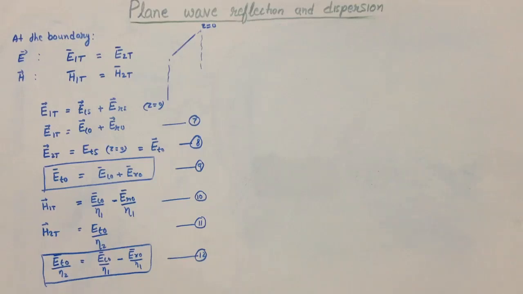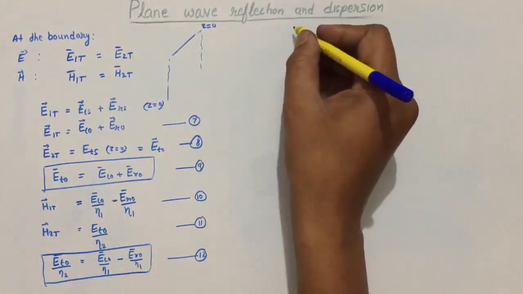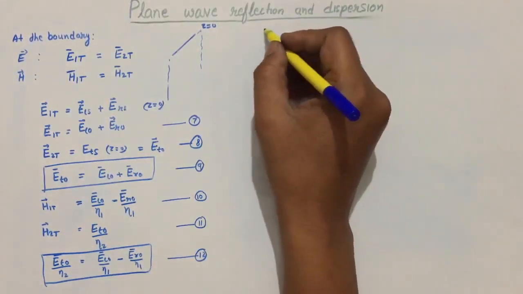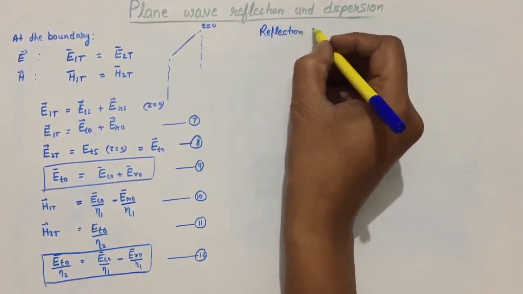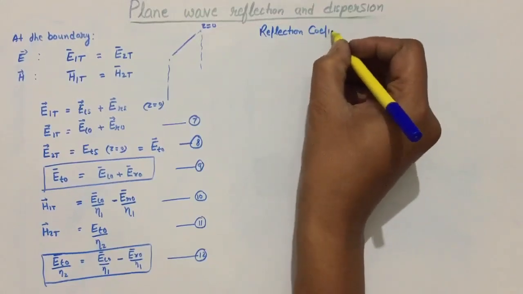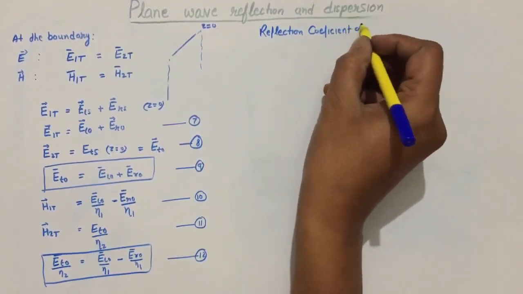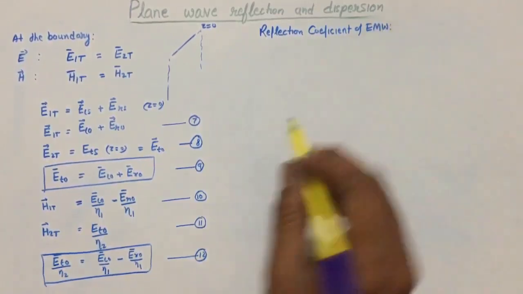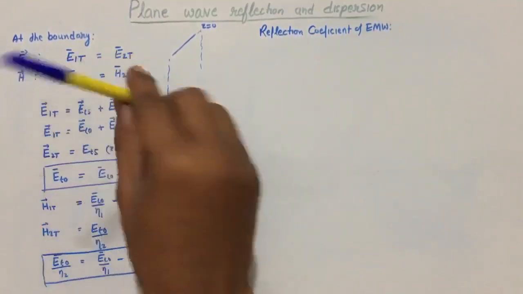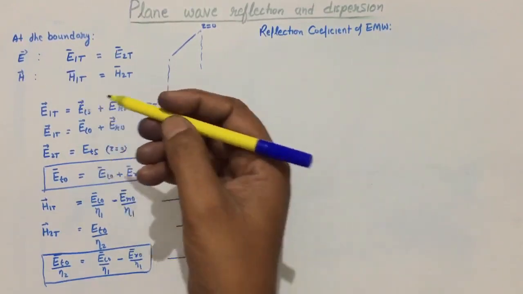Now there are two terms that are very important to know at this stage: the reflection coefficient of the electromagnetic wave and the transmission coefficient of the electromagnetic wave. So let us start with the reflection coefficient. A reflection coefficient means the wave is coming and part of it is reflected.